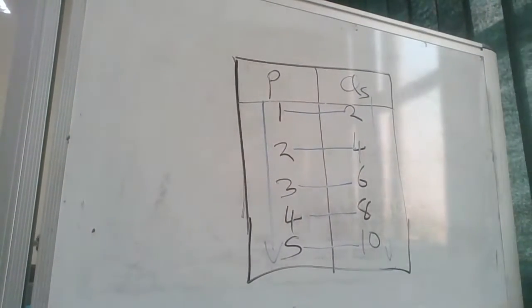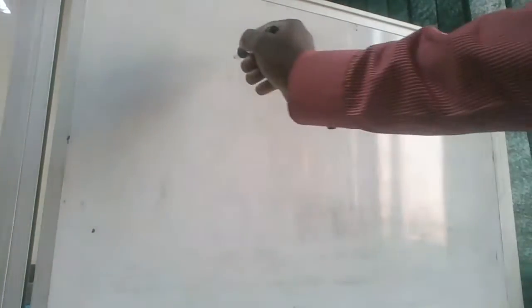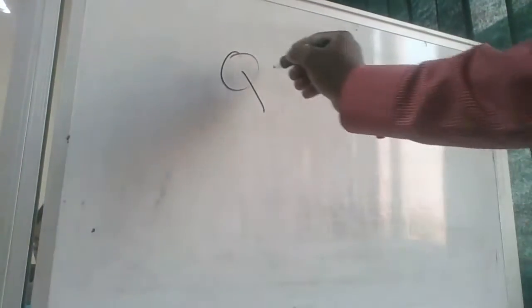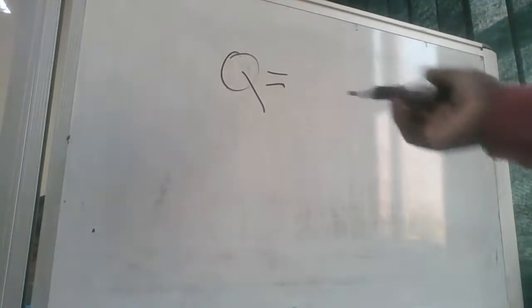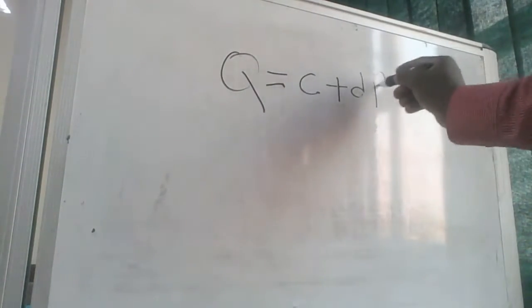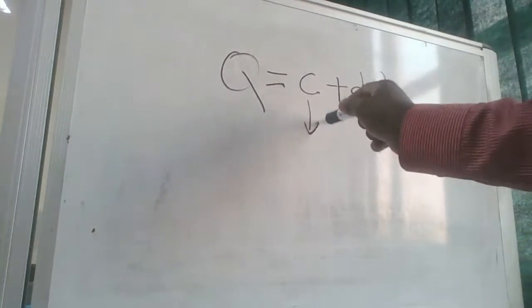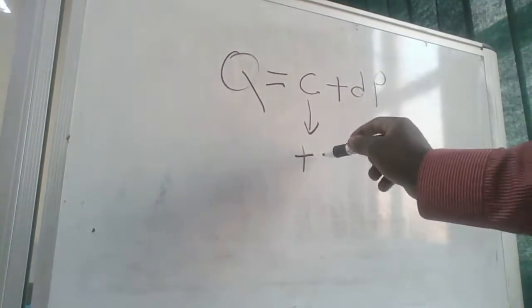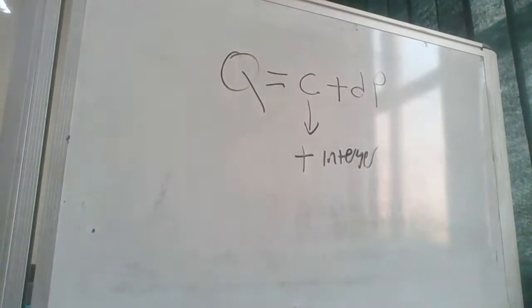Okay. The next way to show the price quantity supplied relationship is to use an equation, and we call this a supply function. We can also use letters just to show that relationship. Now we use C plus DP, where again we are assuming that C is a positive integer or a positive real number.